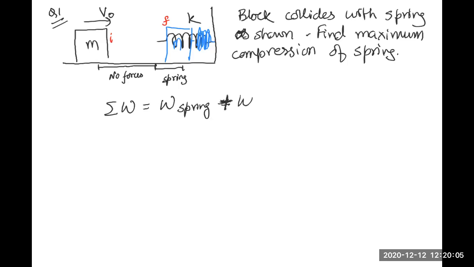If you want to be pedantic, then we can have work done by normal reaction. Work done by spring is half K initial elongation or compression square.